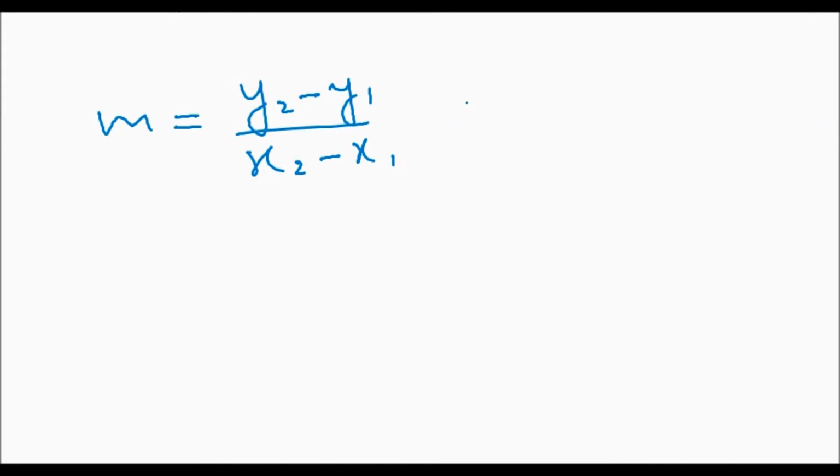Suppose I have 2 points. There is a formula for the slope: m is equal to (y2 minus y1) by (x2 minus x1), and the points were (x1, y1) and (x2, y2).